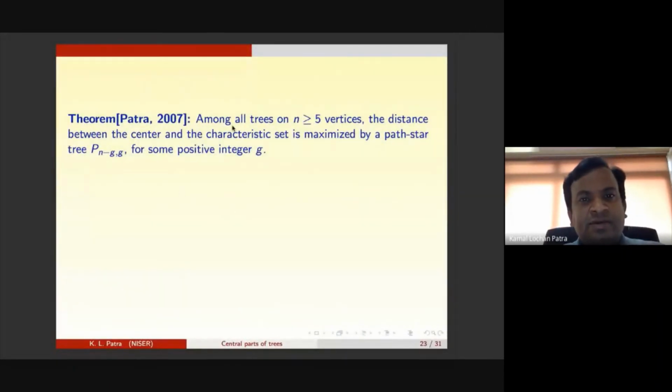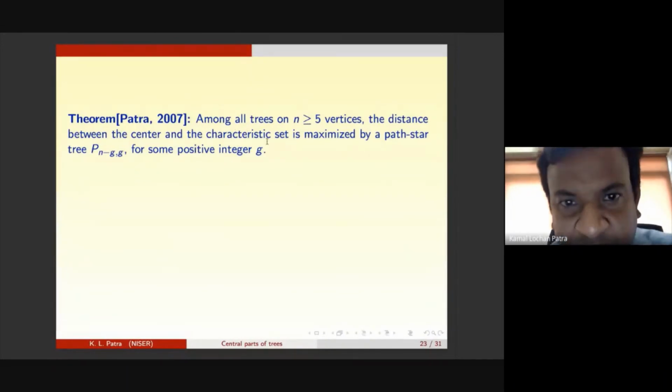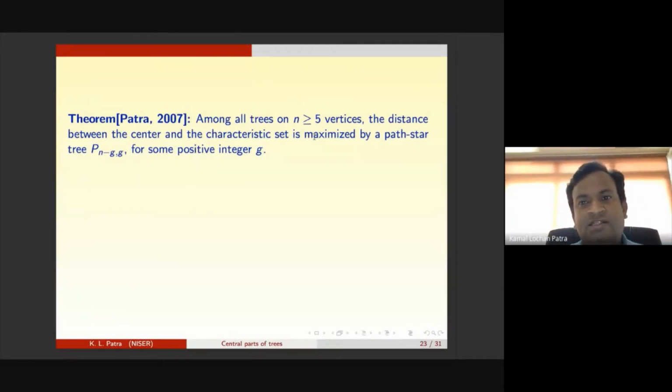In 2007, I proved that among all trees on n vertices, the distance between center and characteristic set is maximized by a path star tree Pn minus g for some positive integer g.